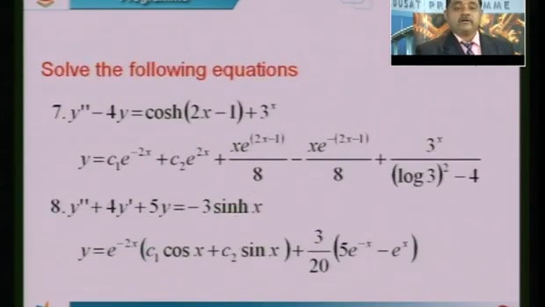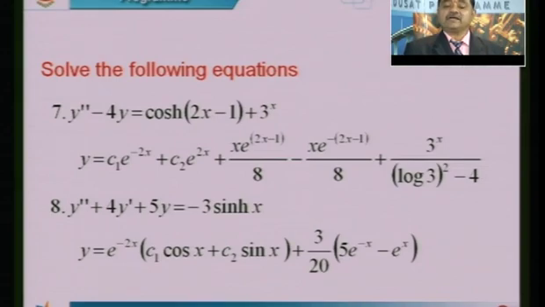Now, there are two indirect forms of type 1. As you know, cos hyperbolic and sine hyperbolic are represented in the form of exponential only. Cos hyperbolic is e power ax plus e power minus ax by 2.